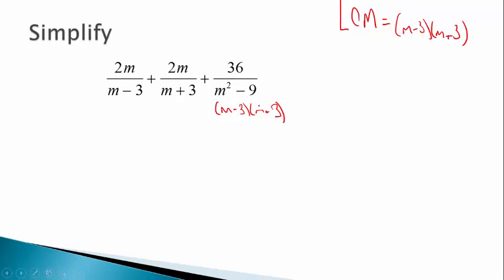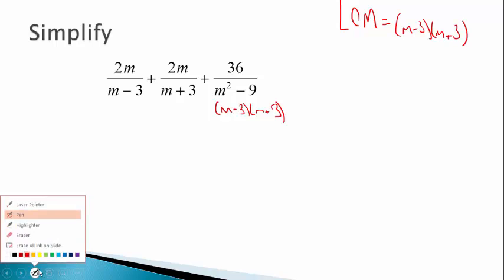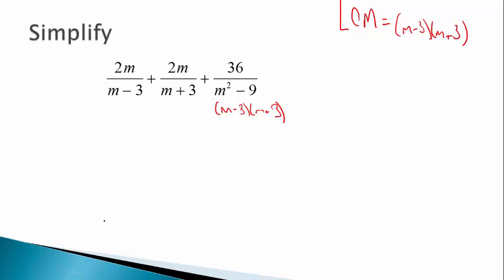So we look at what's missing from this list in each fraction, and that's what we're going to multiply that fraction by. Let me use a different color to show you that I'm multiplying. For the first fraction, I'm missing the m plus 3 part of the LCM. So that's what I'm going to multiply it by. So now my new first fraction becomes 2m squared plus 6m over m plus 3, m minus 3.